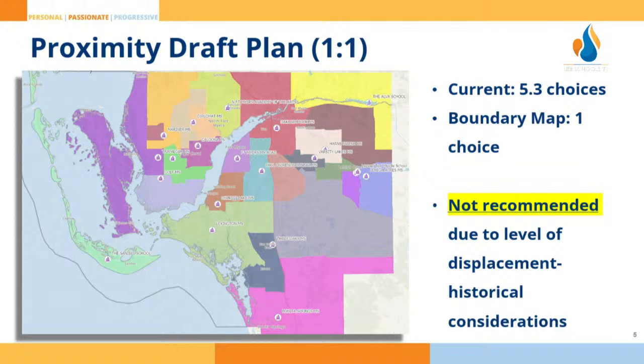The level of displacement and necessary reassignment to meet capacity needs is a significant drawback. Additionally, the 1-to-1 map does not respect historical considerations dating back to the 1964 Blaylock case and the unitary status awarded in 1999. Despite not being recommended for implementation, the 1-to-1 boundary map work was essential for us to establish the foundation for the smaller choice zones proposed to be activated next year for incoming 6th grade students.